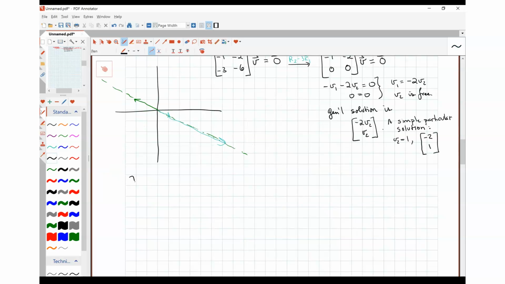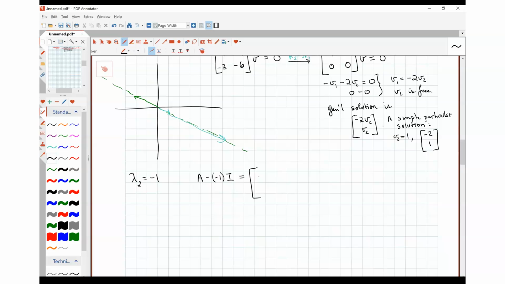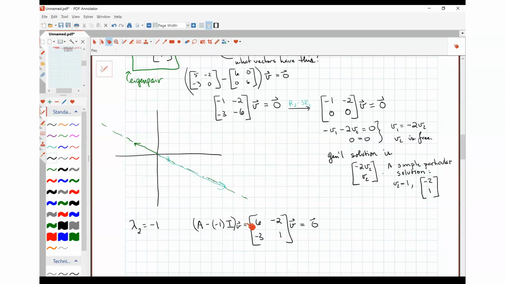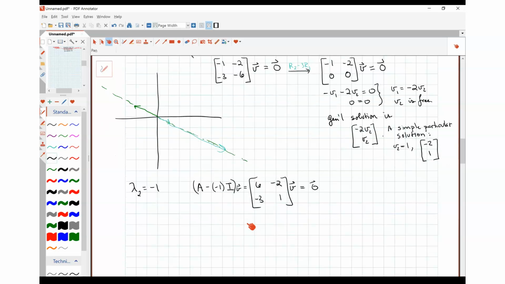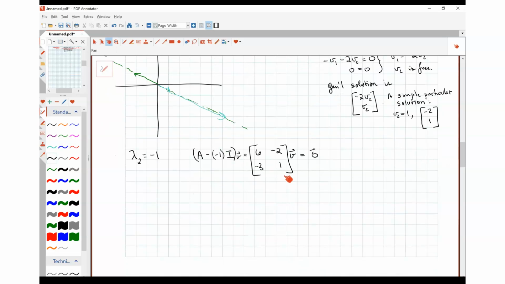The other one was lambda 2 equal to -1. So A minus -1 I, so A minus lambda I, right? That's going to be equal to, in this case, 6, -2, -3, 1. Okay, so if we work this one out, again, you can see one row operation.